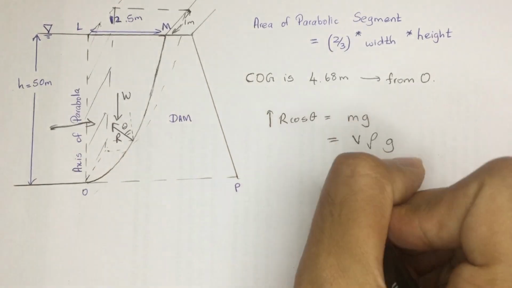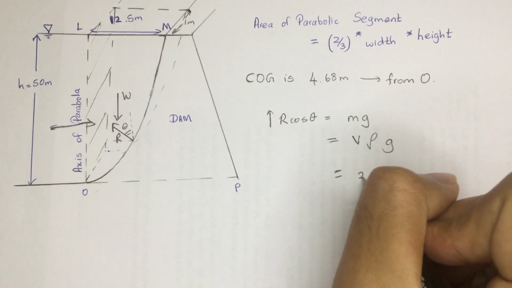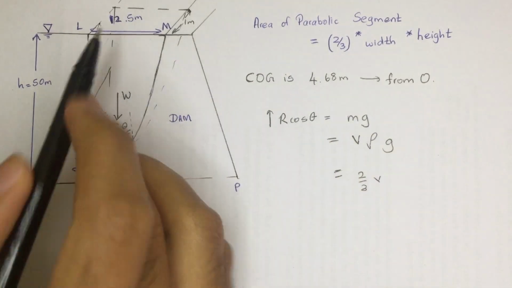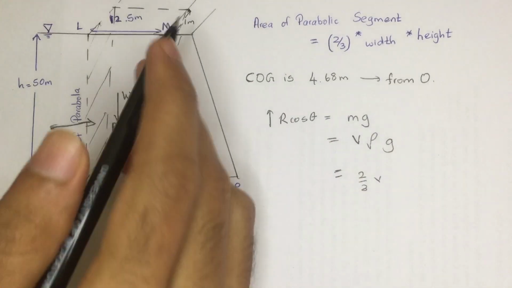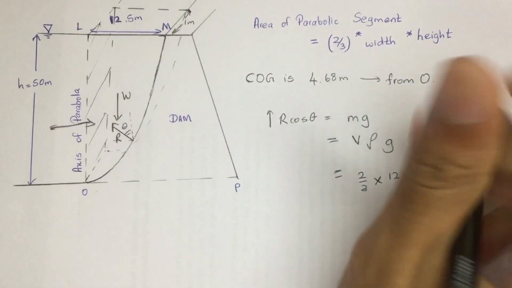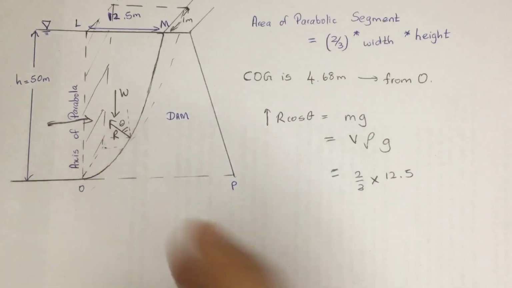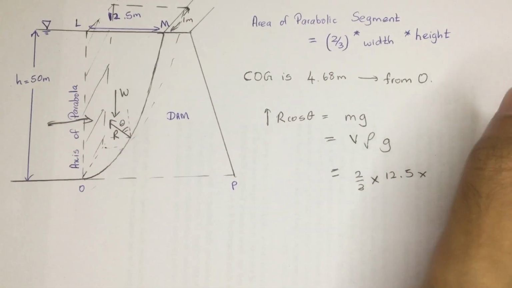So I'm going to do that. The area of the parabolic segment is 2 by 3 into width, which is 12.5, and the height, which they have already marked as 50.